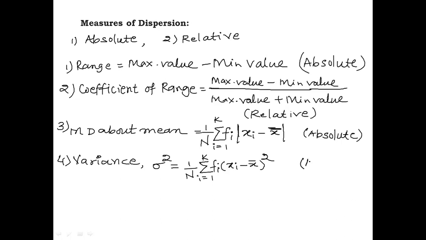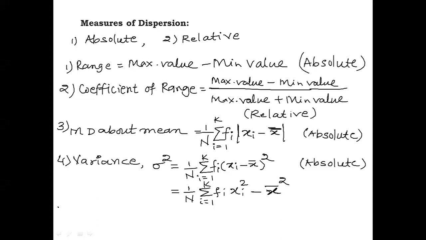So again it is an absolute measure of dispersion. If we simplify, another formula is summation xi square into fi, i from 1 to k, divided by n, minus x bar to the power 2.